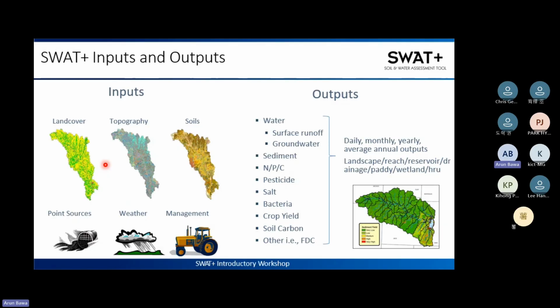You can get outputs at daily, monthly, yearly scale, or over a long period as average annual statistics. Along with those inputs, you can control a lot of processes with land management, irrigation, fertilizer, and other processes. Okay, any questions?